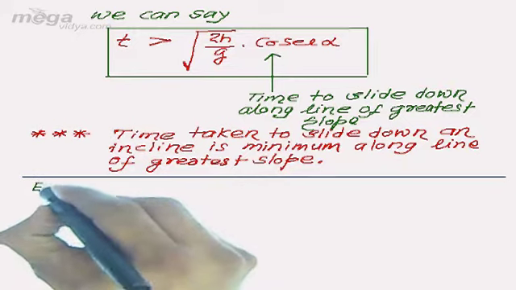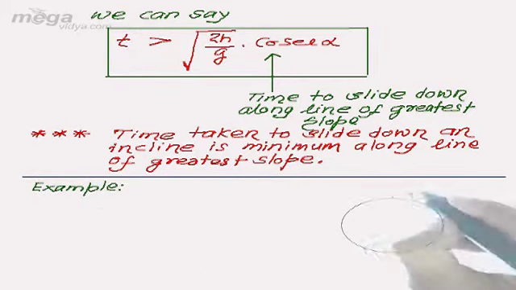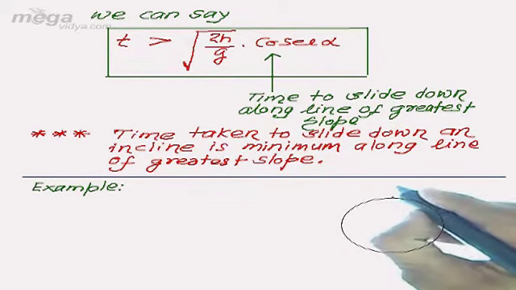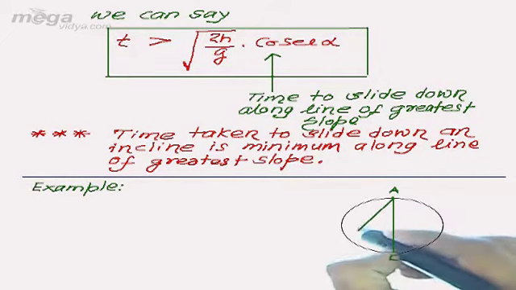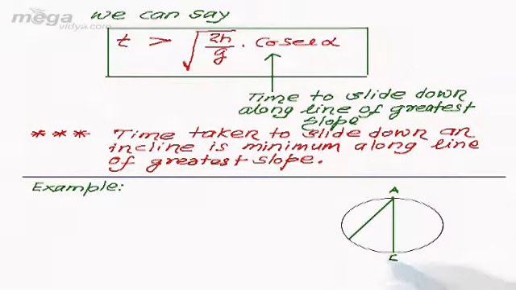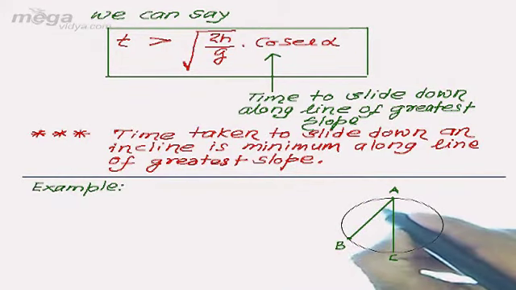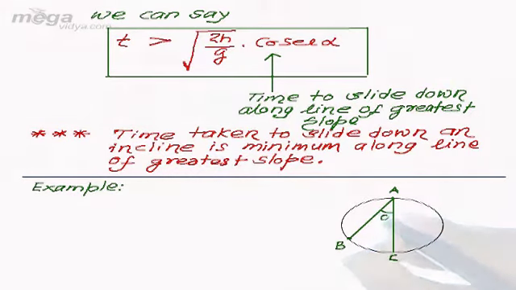Here is a point A, and this is point C. There is another line which meets this circle at this point B. The angle between this line AC and AB is theta.